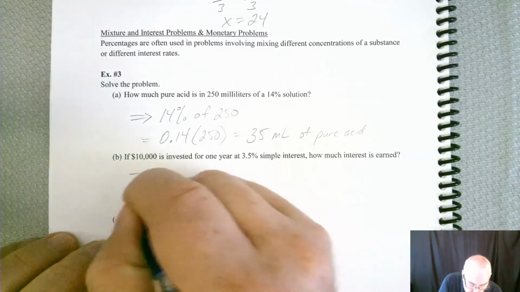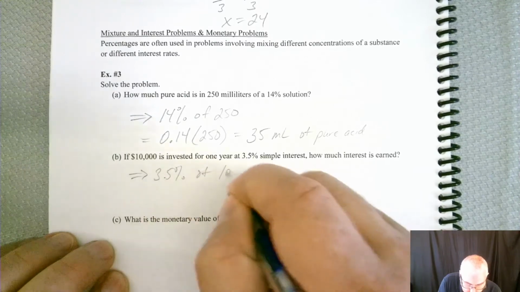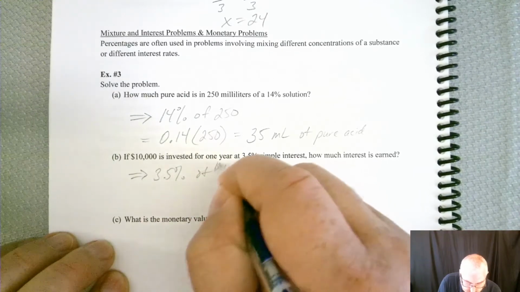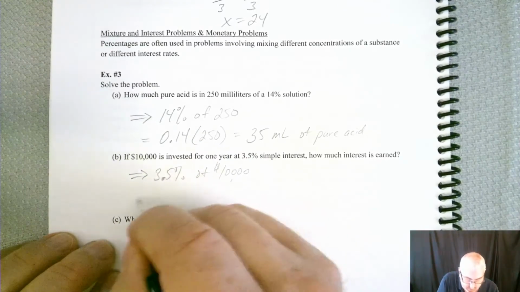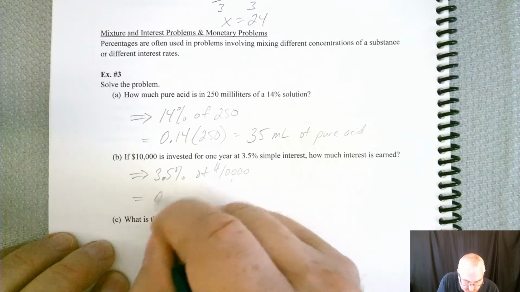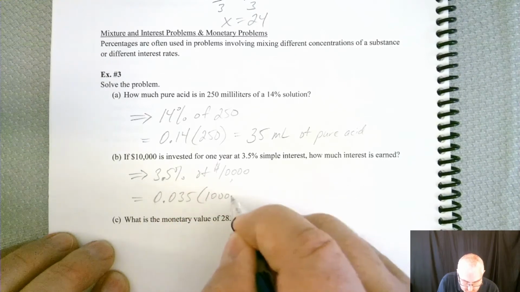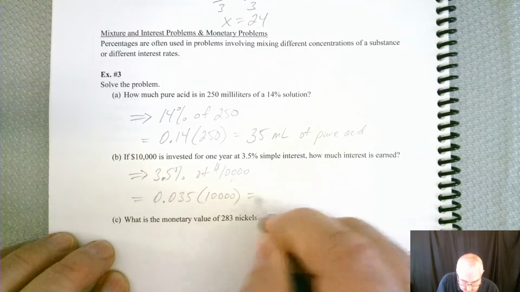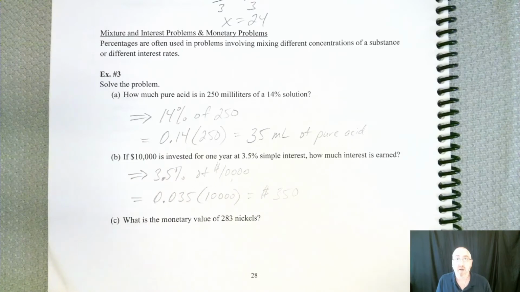So all you have to do is take 3.5% of $10,000. So same as before, change it to a decimal first and then multiply it by 10,000. So that's $350. So after 1 year, $10,000 will generate $350 worth of interest.